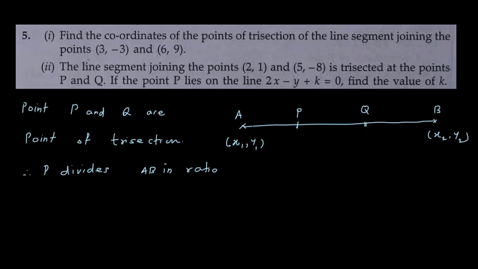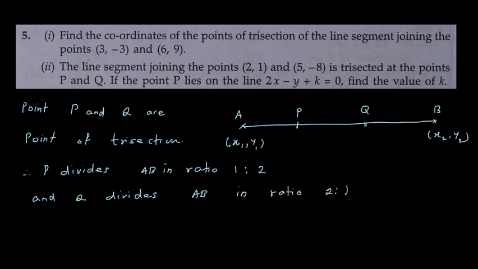Okay, points of trisection mean 3 equal parts. So here P will divide in 1:2 and Q divides AB in the ratio 2:1.